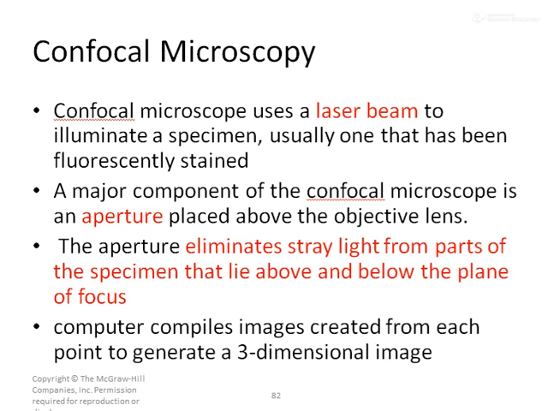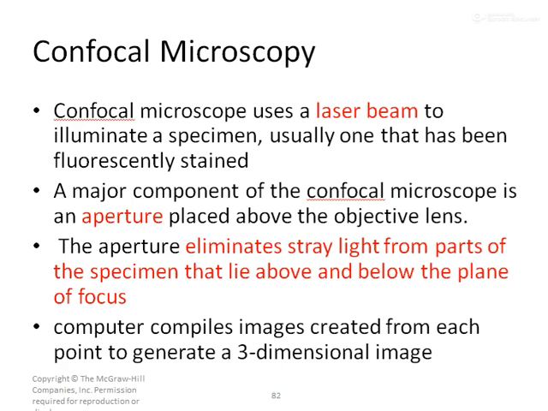And what is the beam that we use here to view it? It is usually a laser beam which is used to illuminate the specimen, and the specimen that we use here will already be fluorescently stained. One of the major components of the confocal microscope is an aperture which is placed above the objective lens.